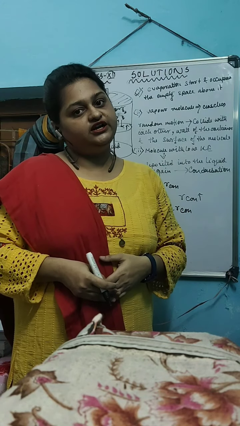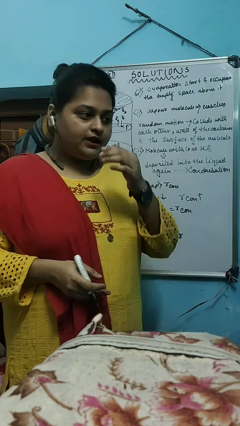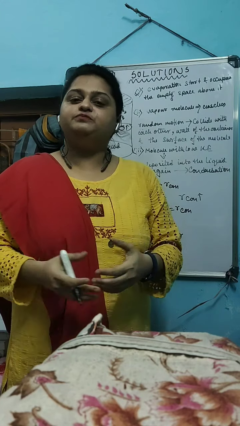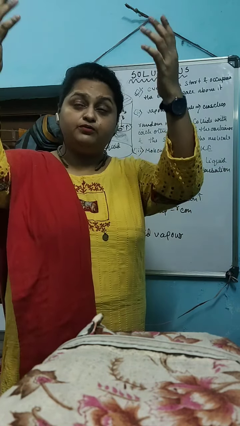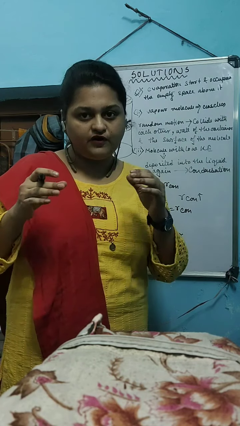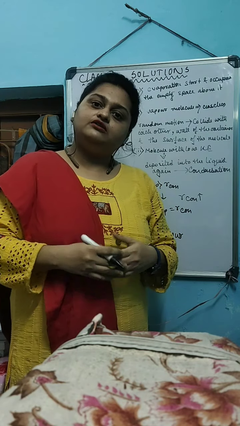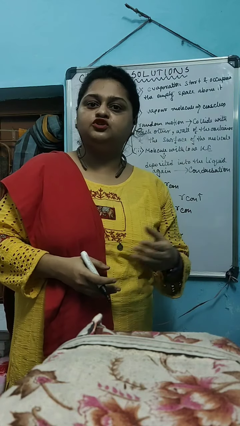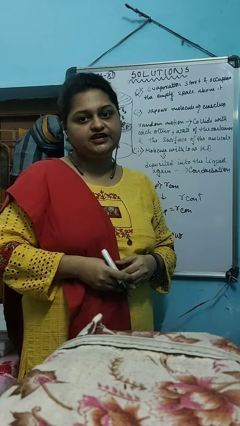This time the condensation process starts. Obviously, at the beginning, as the number of vapor molecules in the empty space is far less, the rate of vaporization is much more compared to the rate of condensation.